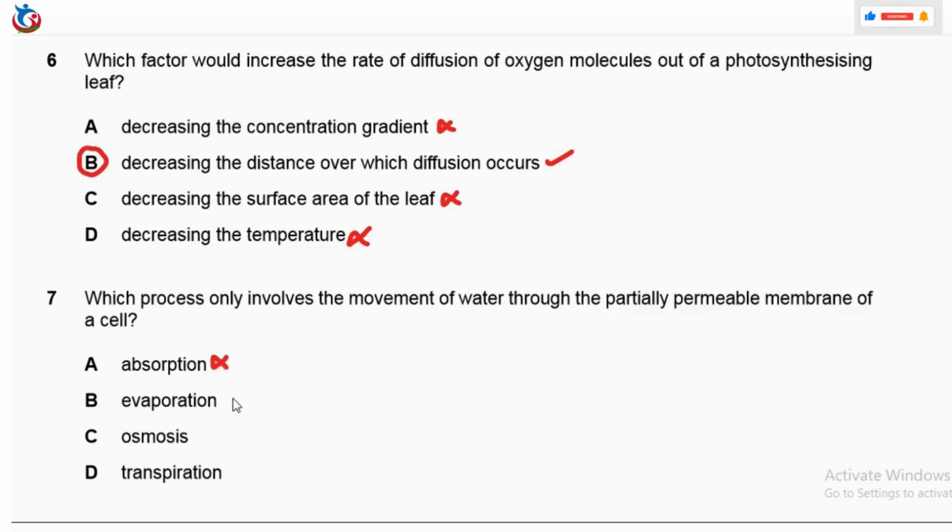Evaporation is not only water molecules that evaporate, but osmosis involves only the movement of water molecule. Transpiration does not involve only water molecule. So the correct answer to this question is option C. So we now move to question 8.